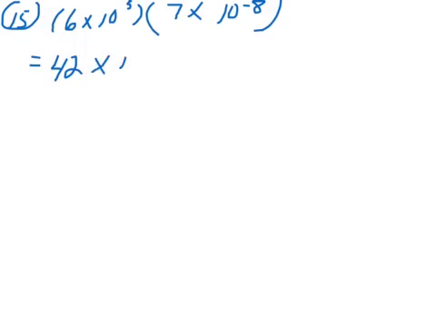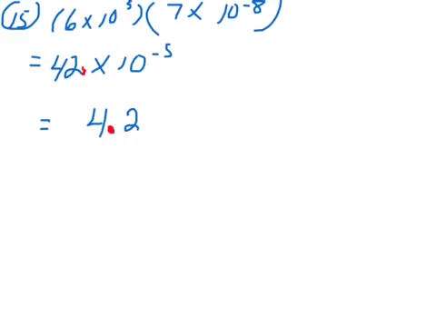So I would add the exponents. 3 plus negative 8 is negative 5. So that's 42 times 10 to the negative fifth. But remember, when I write it, the decimal place here is not really right, is it? It has to be just one number to the left, so I've got to move it here.